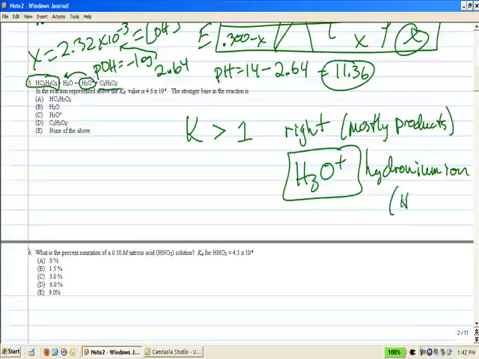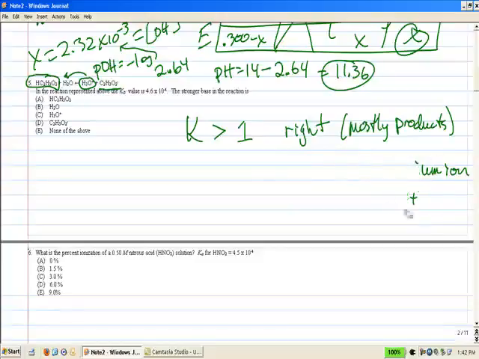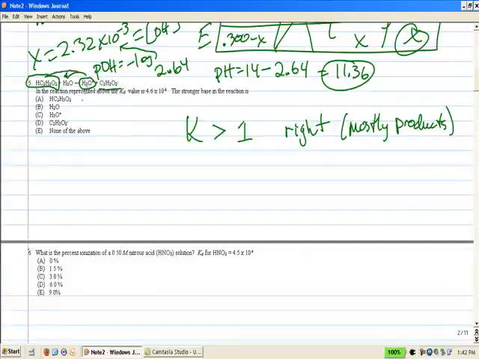Many times it's just written as H+. So if K is greater than 1, then you have mostly products, which means that acetic acid would be a stronger acid than hydronium, because the reaction would lie mostly to the right.